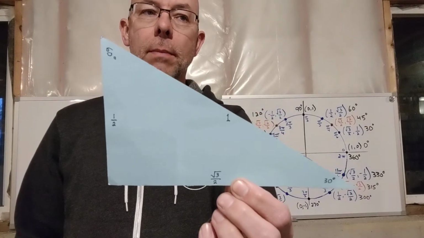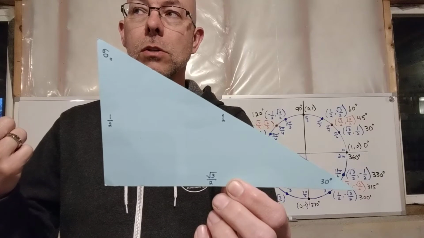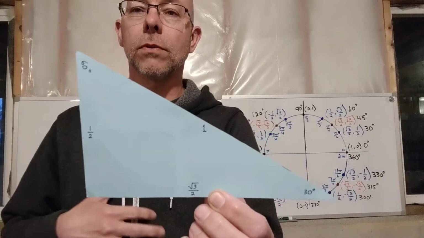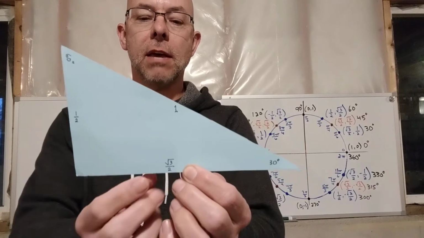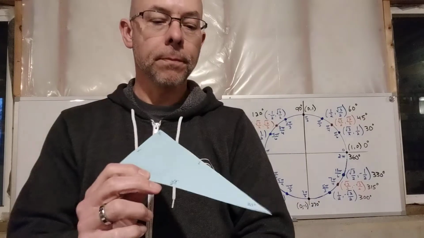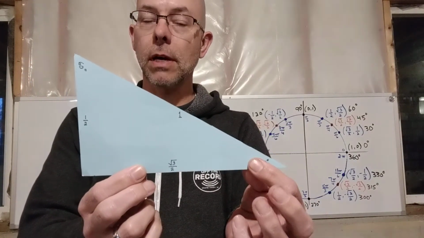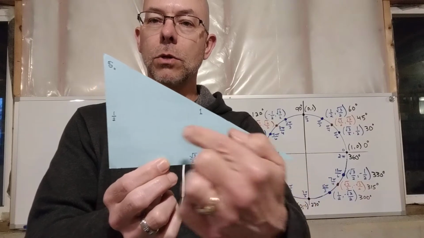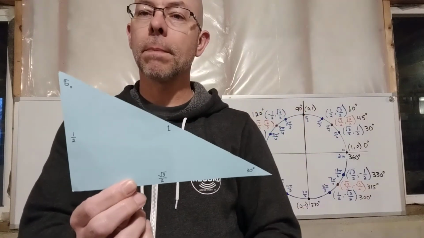and just talk about SOHCAHTOA. Sine is opposite over hypotenuse, cosine is adjacent over hypotenuse, tangent's opposite over adjacent. So if I asked what's the sine of 30 degrees, based on this triangle, you would do opposite divided by hypotenuse from the 30.